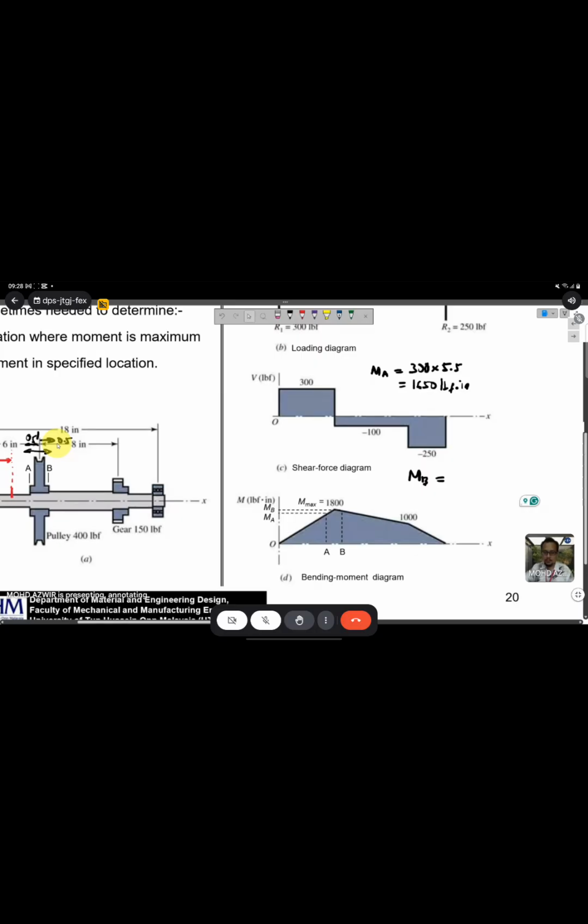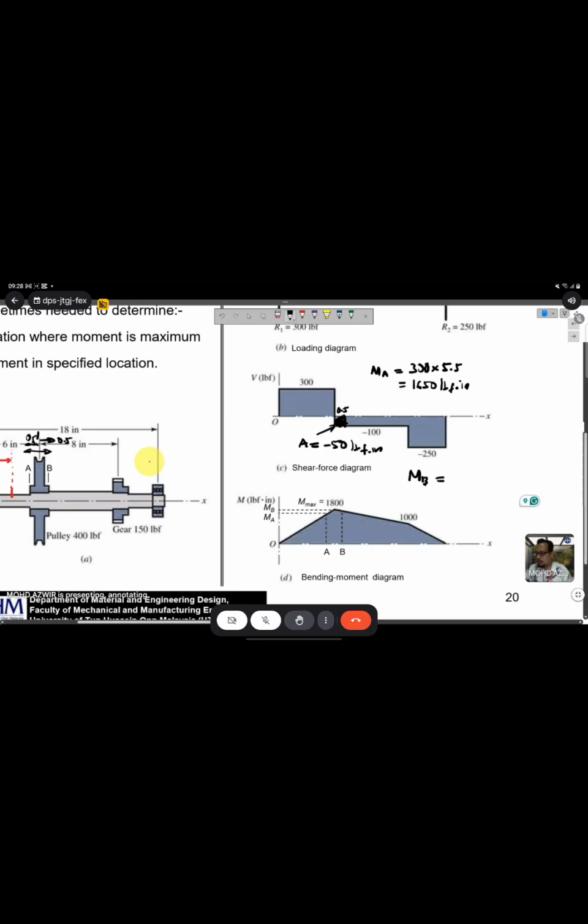So the area here is negative 100 times 0.5, which means the area is equal to negative 50 pound inch.